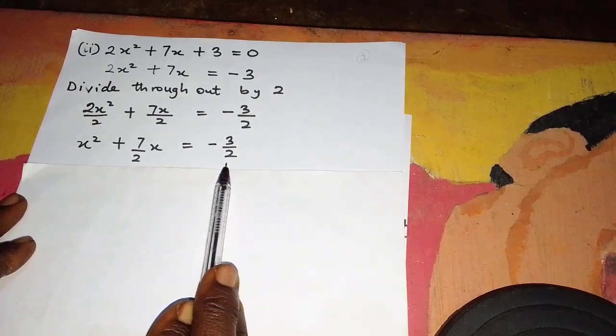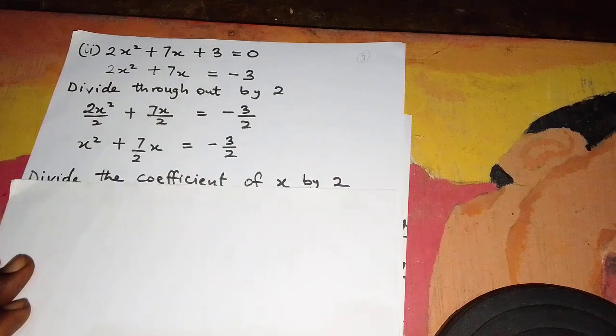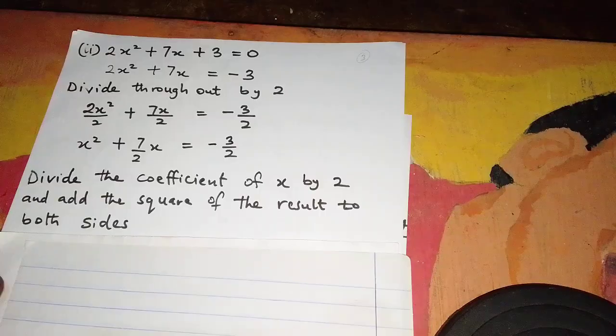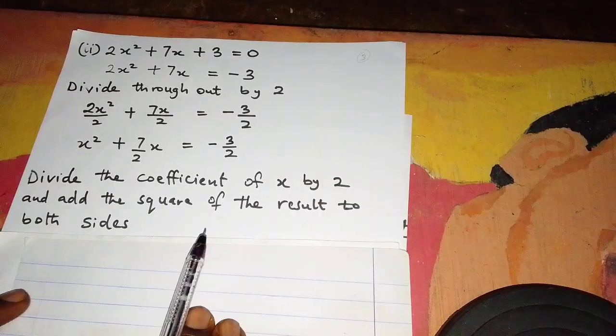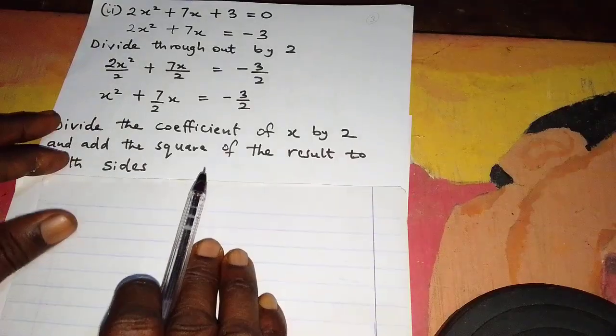Now from here, you divide the coefficient of x by 2 and add the square of the result to both sides. Divide the coefficient of x by 2 and add the square of the result to both sides.